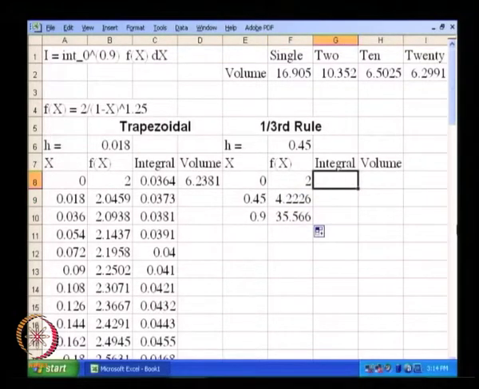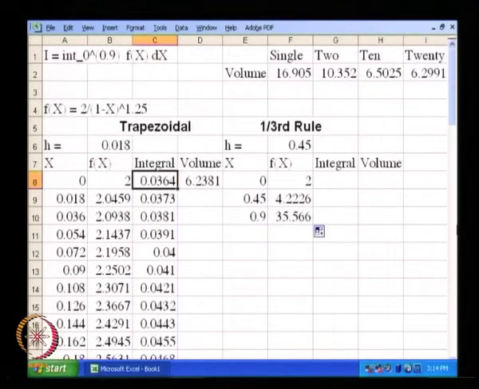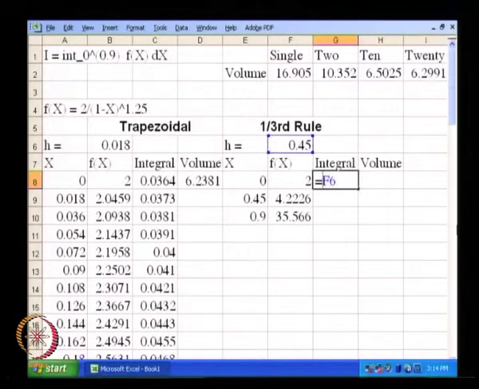So, in the trapezoidal rule the integral was nothing but h by 2 multiplied by y1 plus y2. In the Simpson's 1/3 rule the integral is going to be equal to h divided by 3.